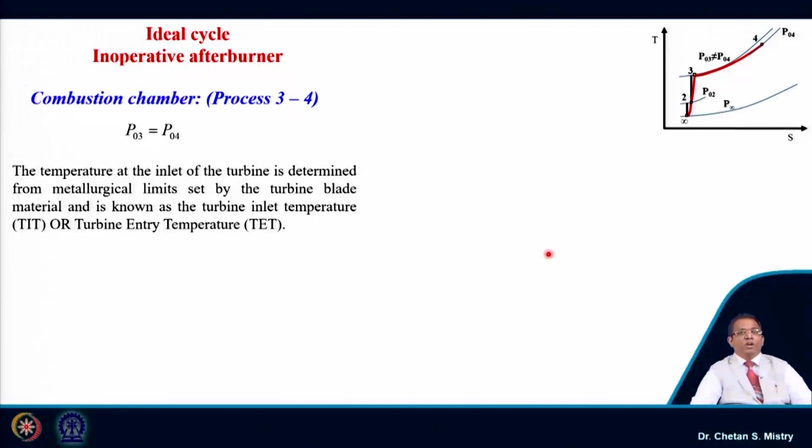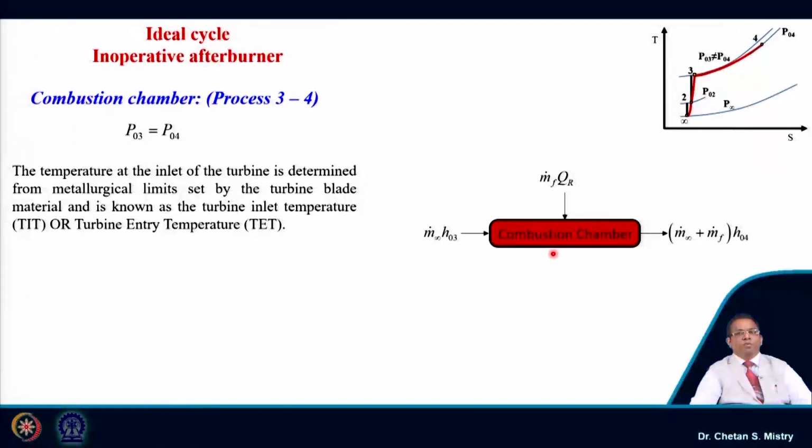Now the next component is my combustion chamber, represented by process 3 to 4, and we know my point 4 is decided based on the turbine entry temperature. There are metallurgical considerations that put a limit on my turbine entry or turbine inlet temperature.